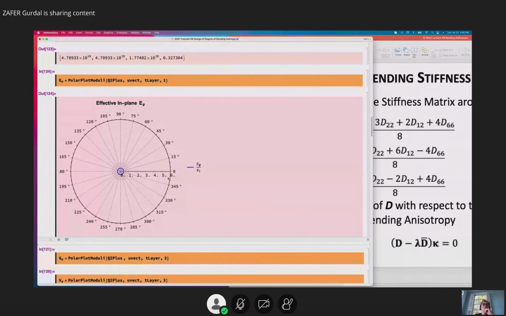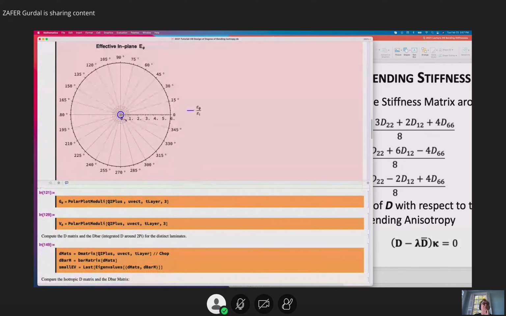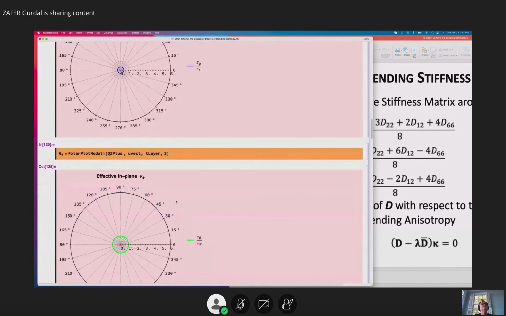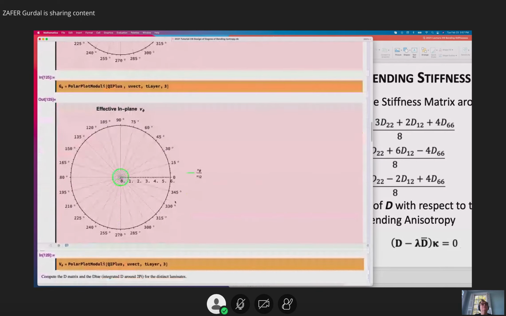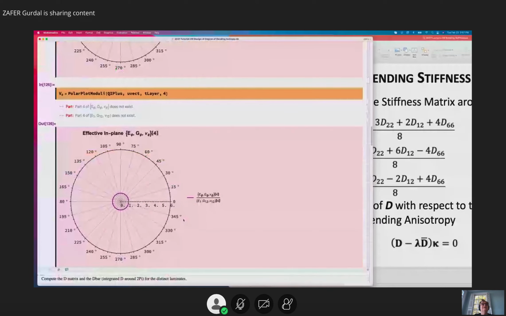I think I need to do something in this module so that I can scale this. And for in-plane, the largest should have been 1 instead of 6, so that you can see that this is actually quite small compared to E1. And it's probably 0.2. This is the shear, which is the third value, and this is the fourth value, which is nu.